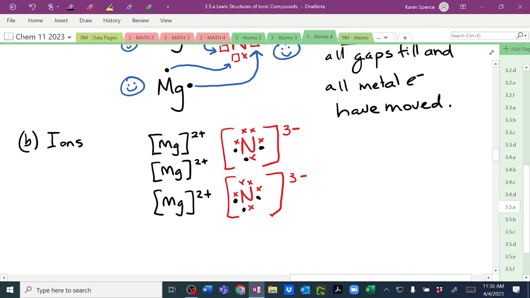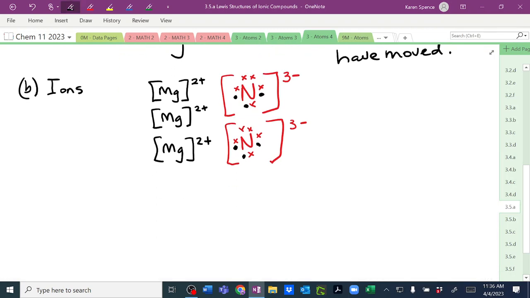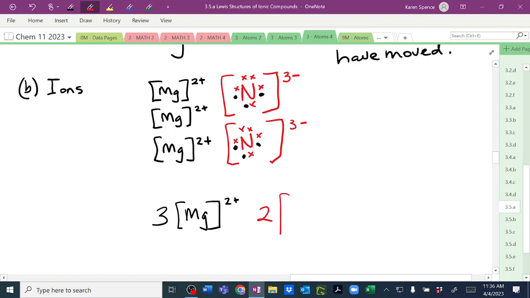I find that a lot of work though, like it's tiring. Okay, so you don't have to draw it that way. You could say I have 3 Mg 2 plus, and I have 2 N with all its electrons, 3 minus.